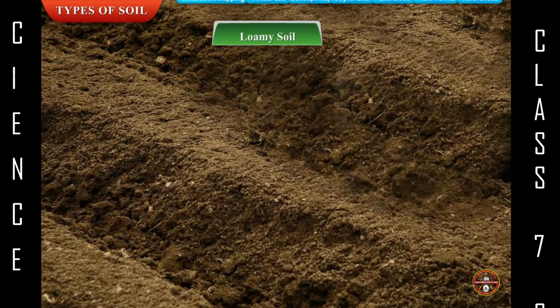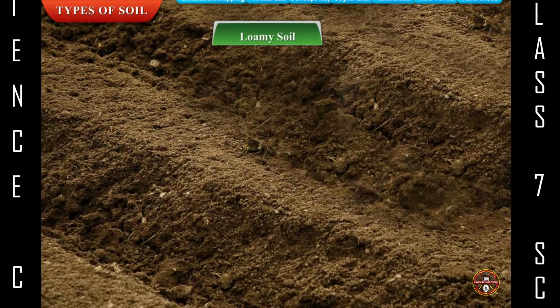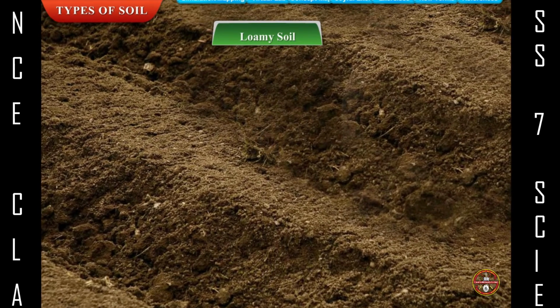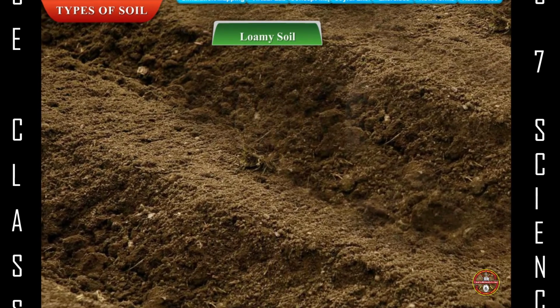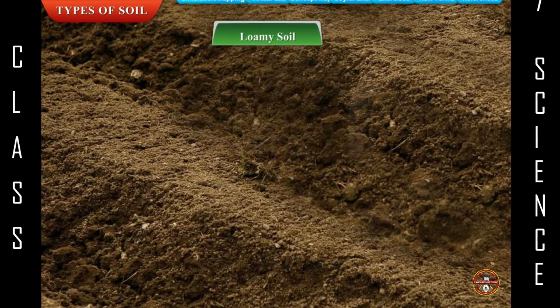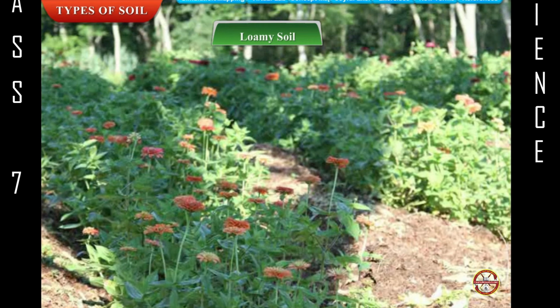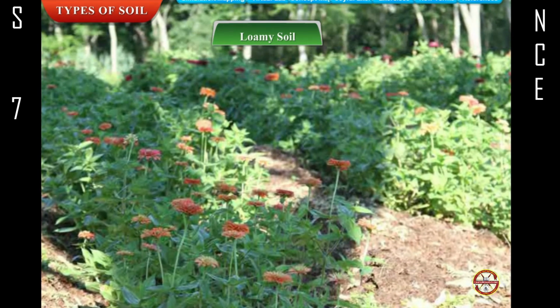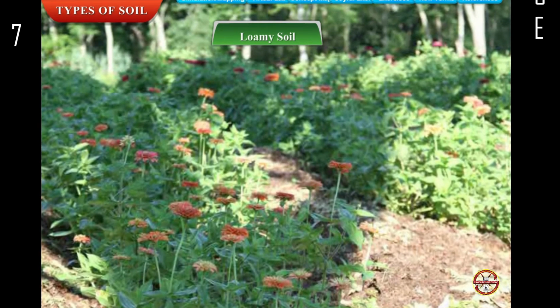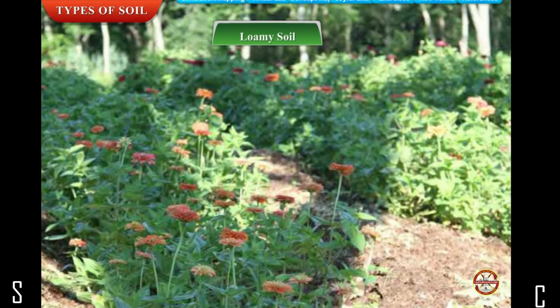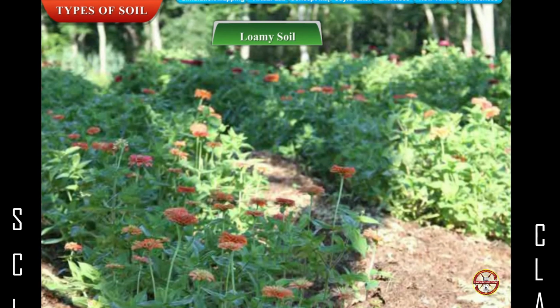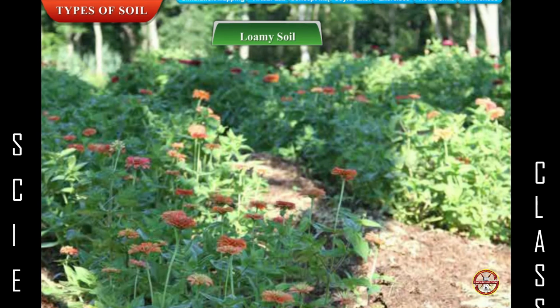Loamy soil. Loamy soil contains an equal amount of sand, large particles, and clay, small fine particles. It contains silt and humus also. In other words, loamy soils are the best for growing crops because of the following reasons. Loamy soil has the right water holding capacity necessary for the growth of plants due to the presence of clay.